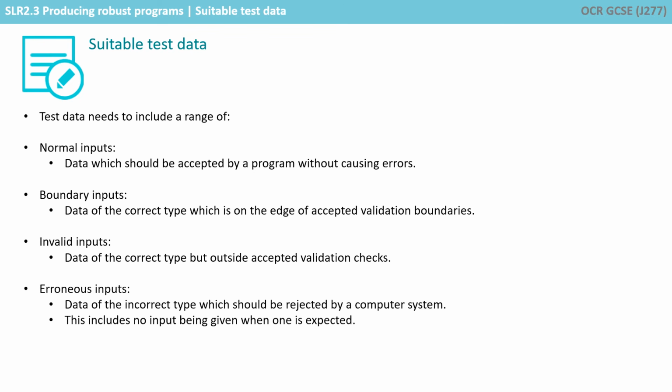And erroneous inputs are data of the incorrect type which should be rejected by a computer system, and this also includes no input being given when one is expected. So the first two types here would be acceptable types of data and should be accepted by a program, and the last two should cause an error and be rejected.